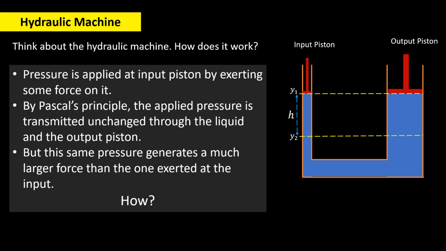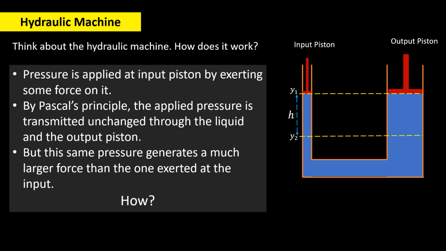That pressure is applied at the input piston by exerting some force on it. Then by Pascal's principle, the pressure that has been applied at the input is transmitted undiminished or unchanged through the liquid to the output piston.